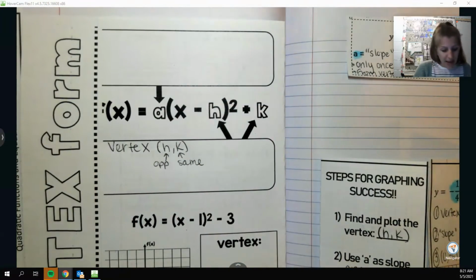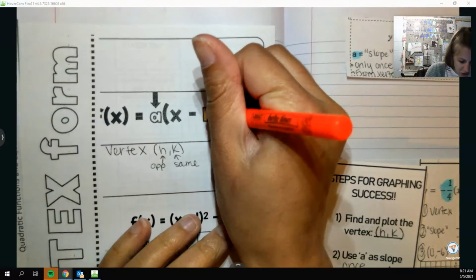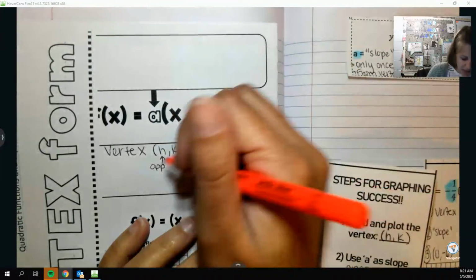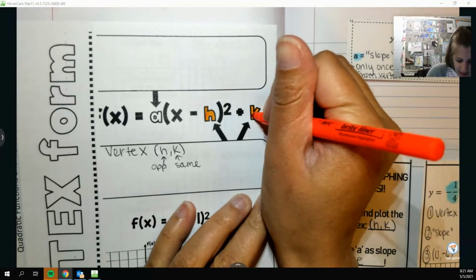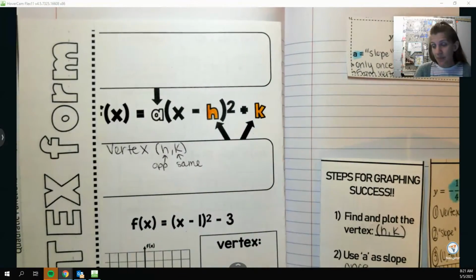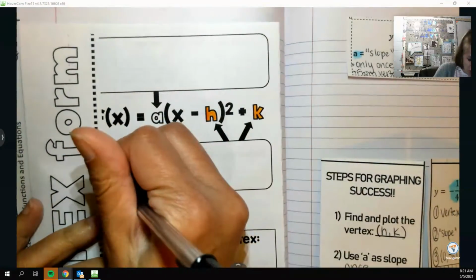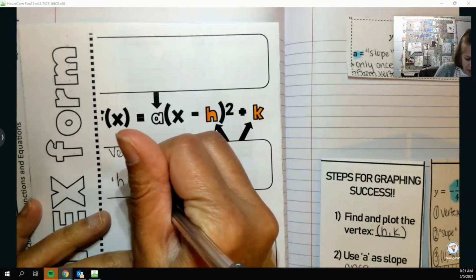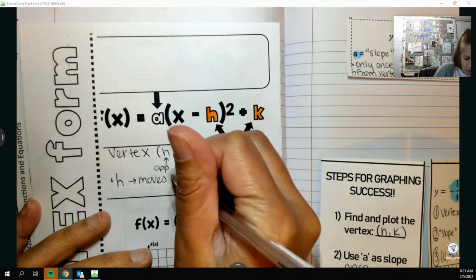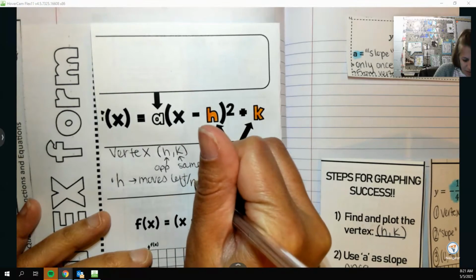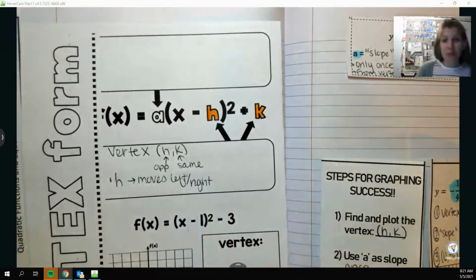And so when I'm looking at the H value, because it goes in place of X and K goes in place of Y, really what H is doing is moving the graph left and right, and kind of oppositely.